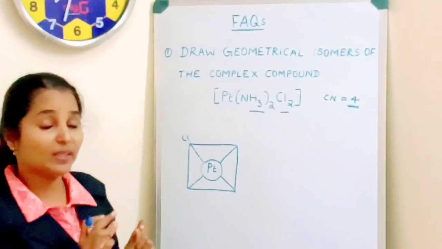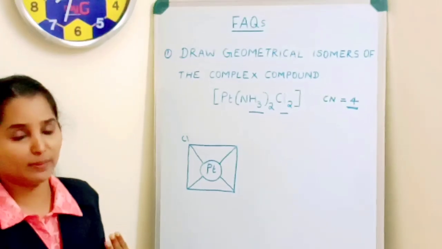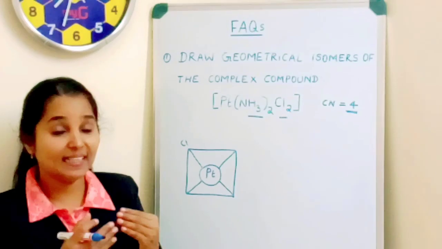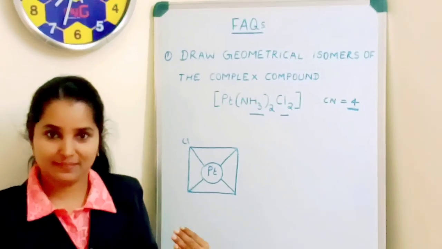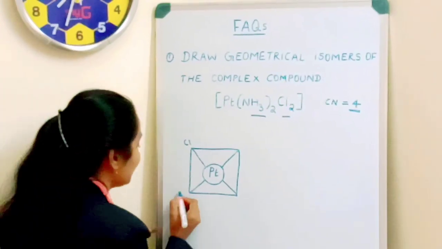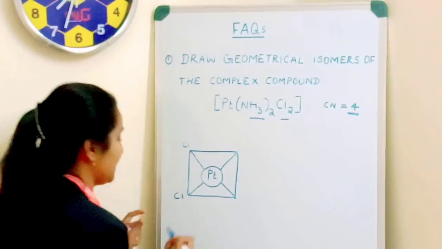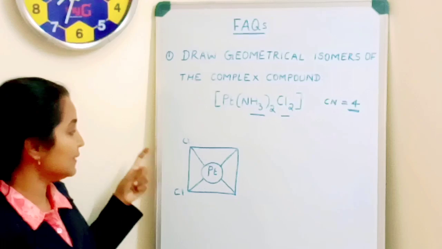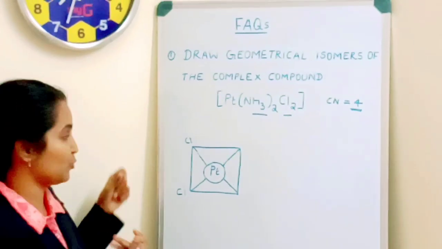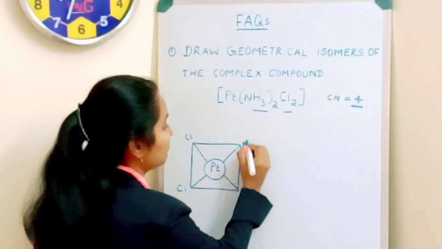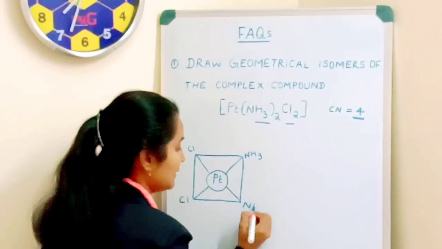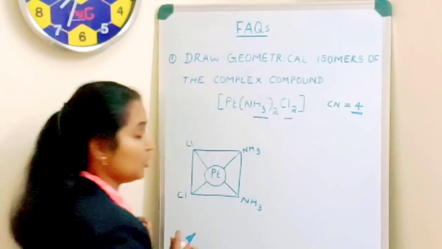So if we want to get a cis isomer, you know that cis means near to. Identical ligands should come near. So Cl I have kept here and Cl again I have kept here. So that made this chlorido ligand, or Cl ligand, cis, near to. And then NH3 ligands I kept in these 2 corners.